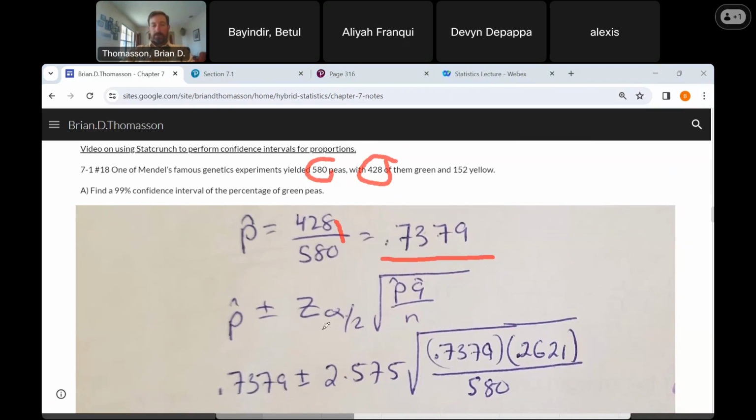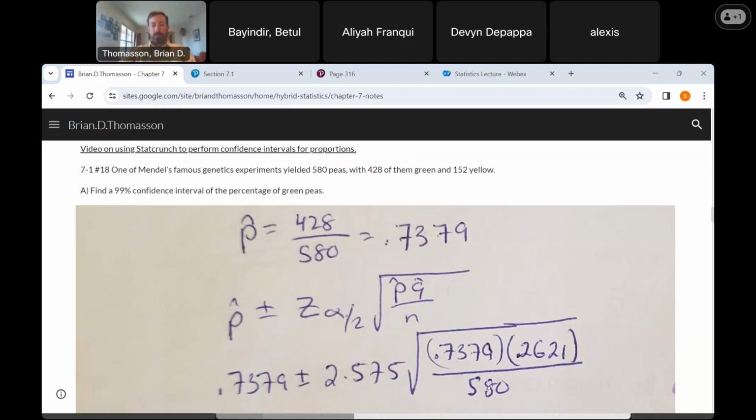And now we have to add and subtract our margin of error. Now here we want to be 99% confident. So since we increased our confidence level, instead of 1.96, it's now 2.575. So we want to be more confident, so we have to go out further in either direction.